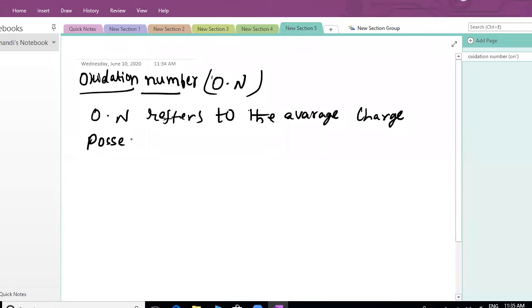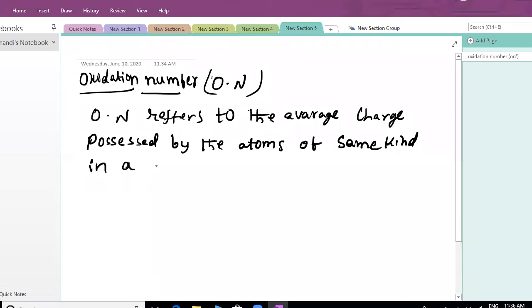I'm giving the spelling, you can write possessed. By the atoms of same kind in a compound or ion. This is the definition.